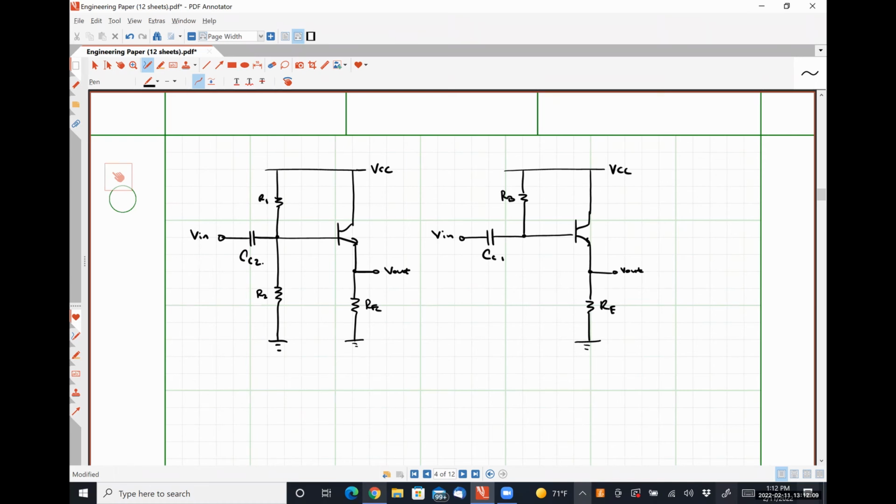So look at the one on the left first. At AC, that capacitor, and this should be CC1 as well, actually, is a short circuit, right?